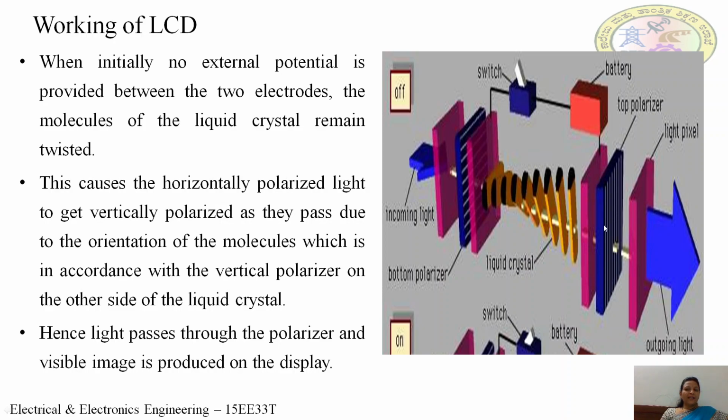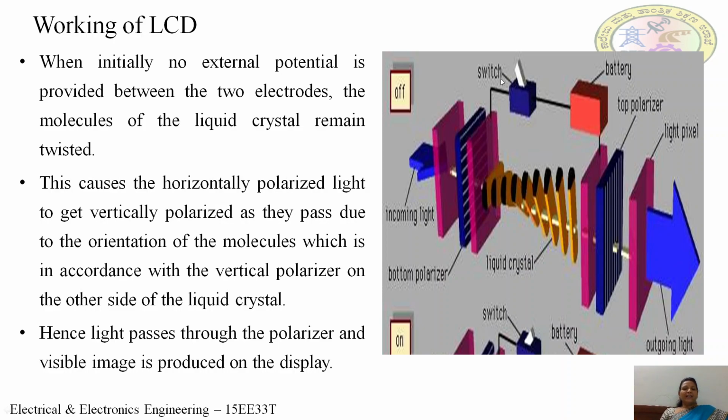So on this side, we have a vertical polarizer. On this side, we have a horizontal polarizer. And here is where the incoming light is entering the liquid crystal, and this is where the light is leaving the liquid crystal and reaching the display.